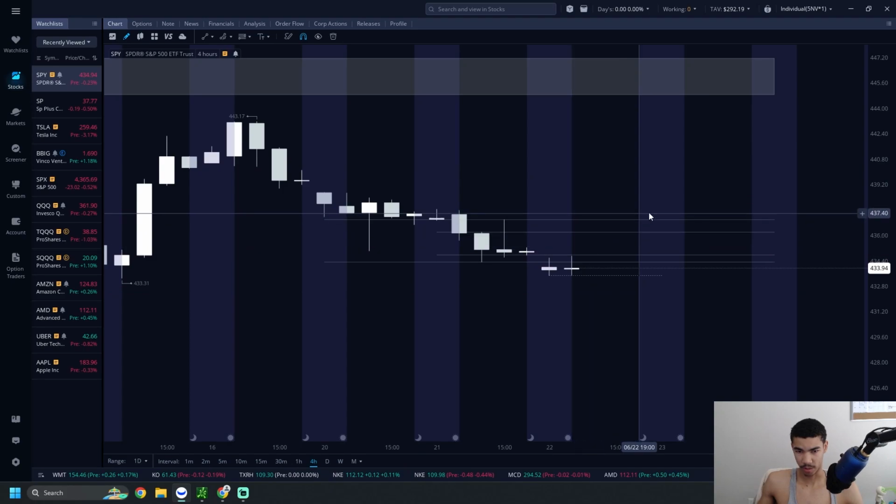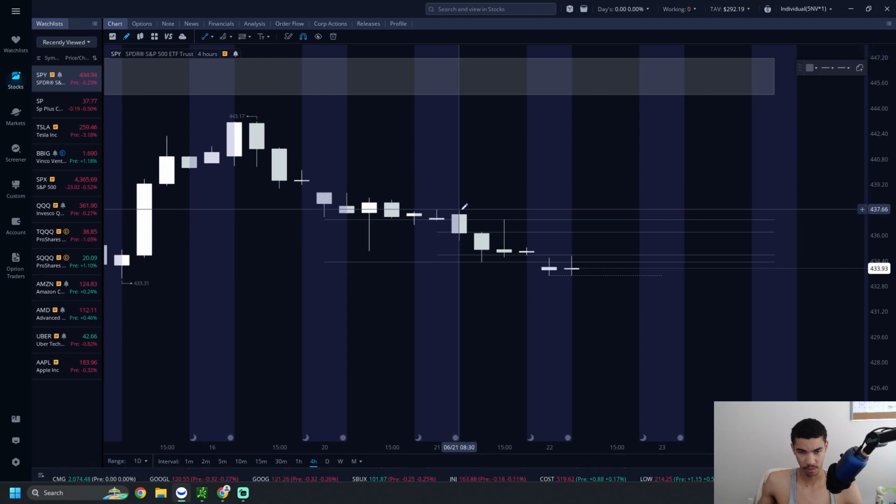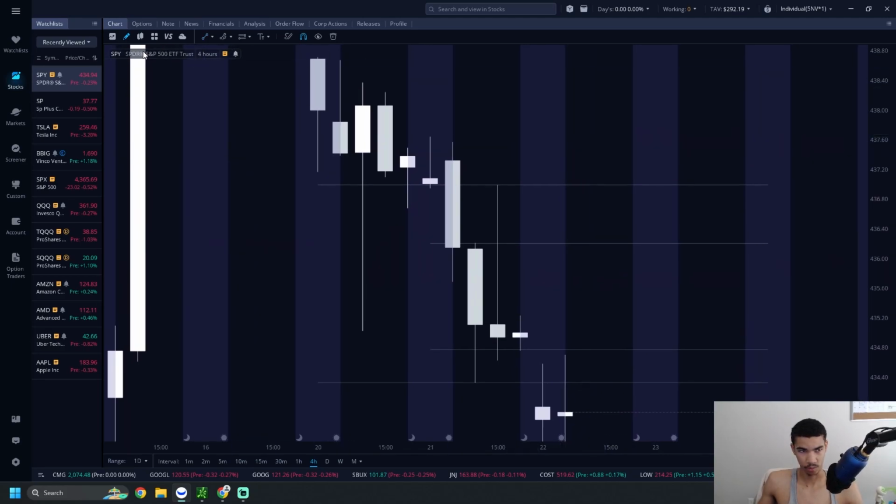So likelihood of price coming all the way back up here is not as likely. But, for the sake of having the price target, I guess we'll go ahead and mark this high here on the chart.